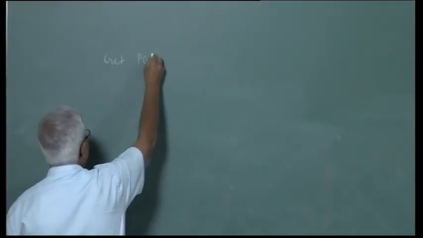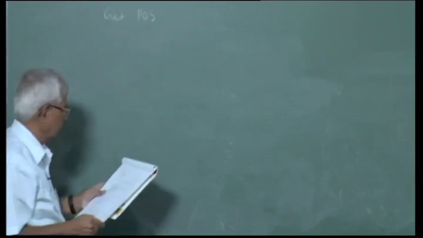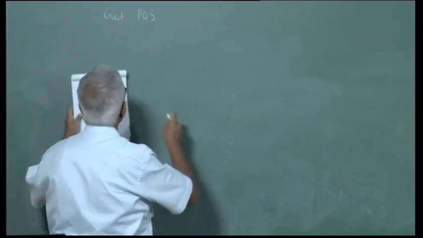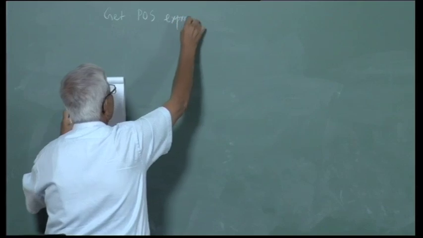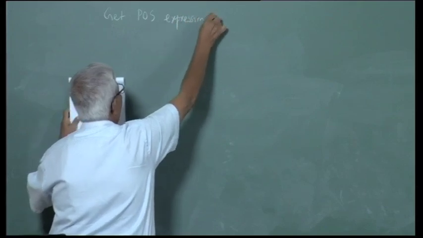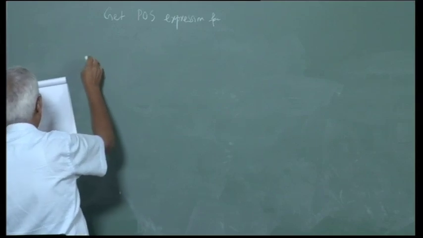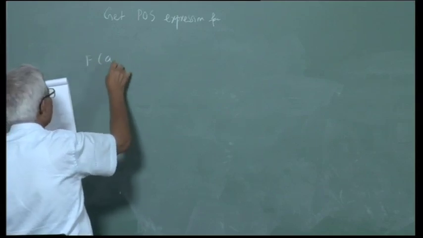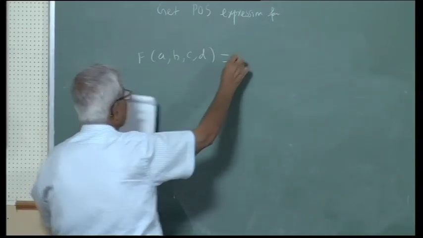POS means product of sum, that is OR gate followed by AND gates. Expression for F of A B C D equals sigma m.